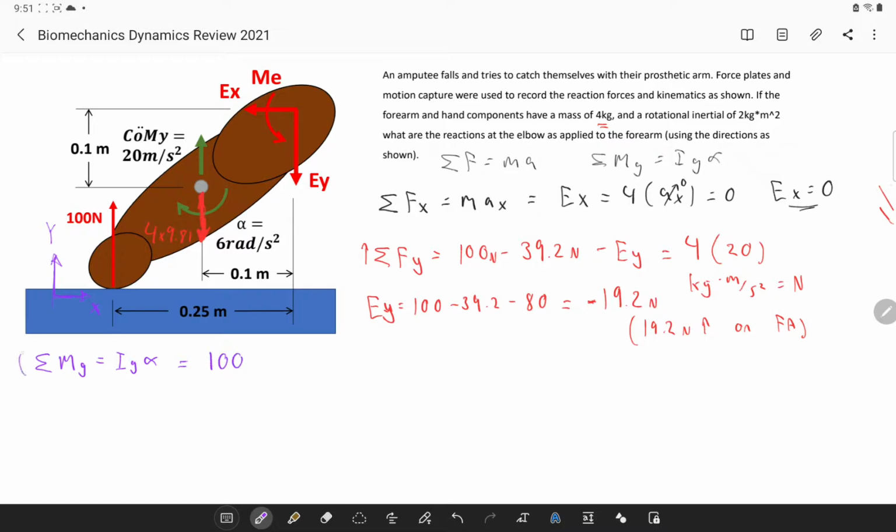I'm going to do clockwise positive. 100 newtons times, and in this case I have 2.5 minus 0.1. So this distance is 0.15 meters. My weight is going through the center of gravity, so I can ignore that.